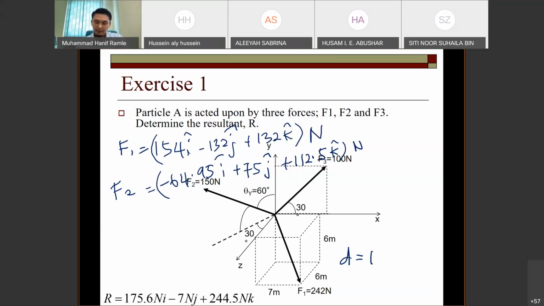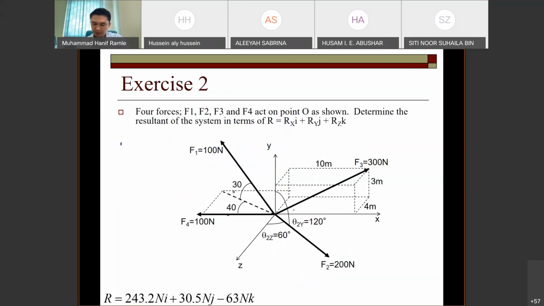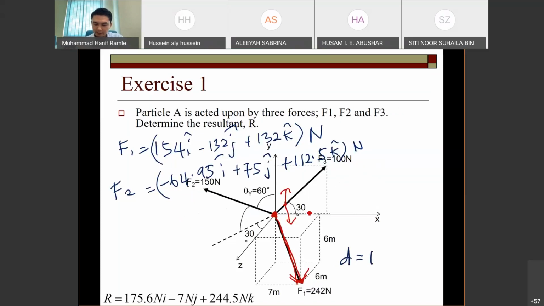Okay. If you look at this force, from my view, the negative sign is only for the Y, because if you start from the origin, the force is going downward like this. So if you look at the Y axis, from origin to downward should be negative lah. If you look at the other side, which is the x-axis, you can see the angle is going positive as well.